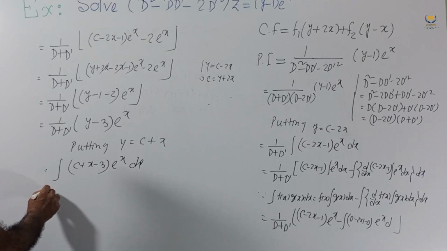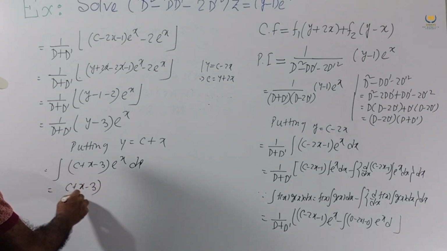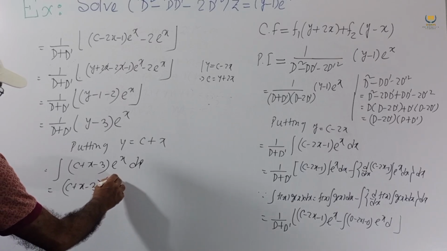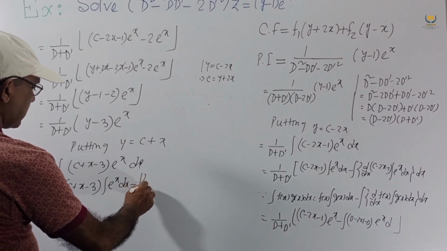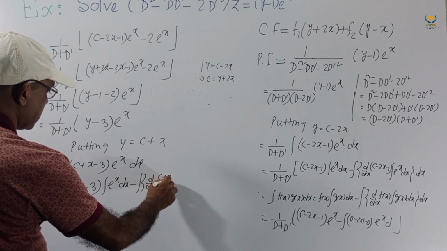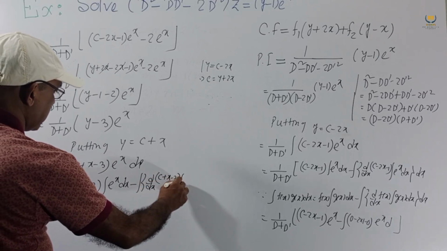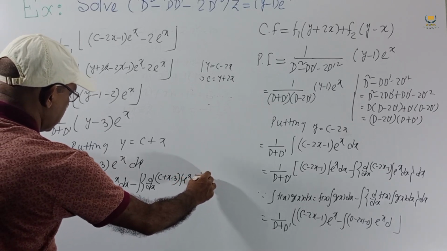Again using the by parts formula, this is c plus x minus 3 integration e to the power x dx, minus integration d/dx of c plus x minus 3 integration e to the power x dx into dx.